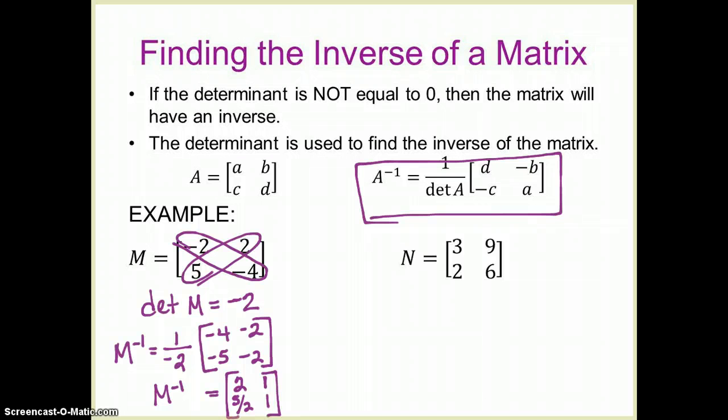So this matrix, 2, 1, 5 halves, and 1, would be the inverse of the original matrix M. This is going to be the inverse of my original matrix that I had up here to start with.